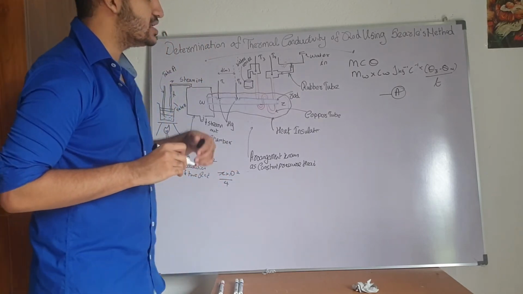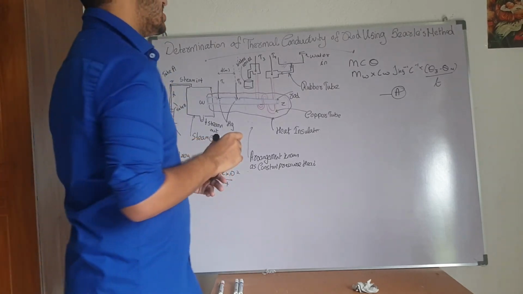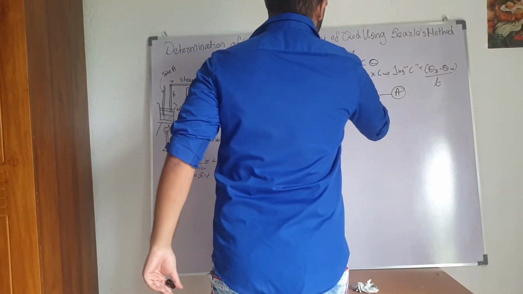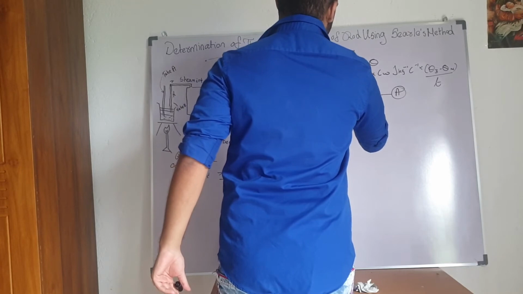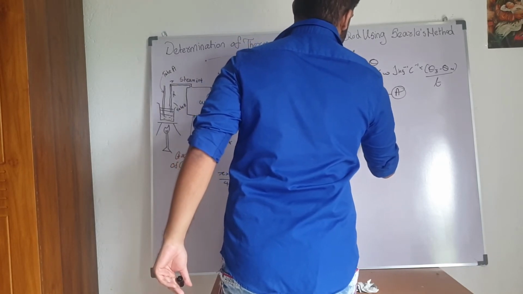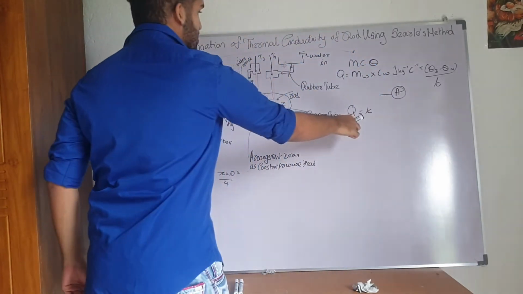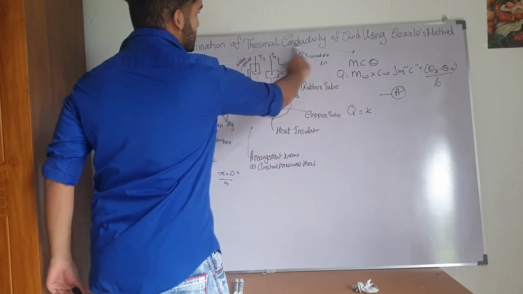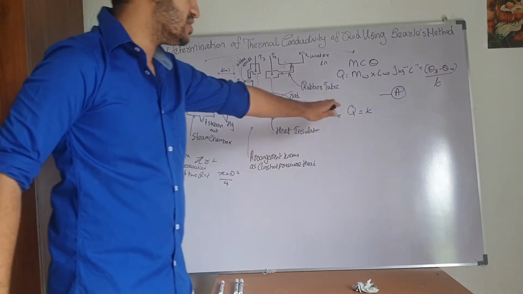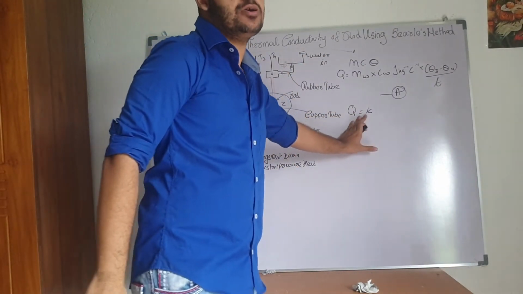And now you have to consider another equation. This is going to be Q, and we can obtain another equation for Q like this. This is the coefficient of thermal conductivity. That's what K is, the constant we are going to find.